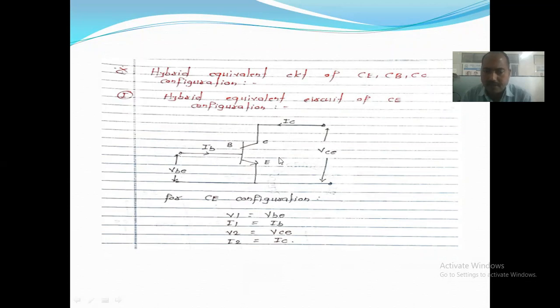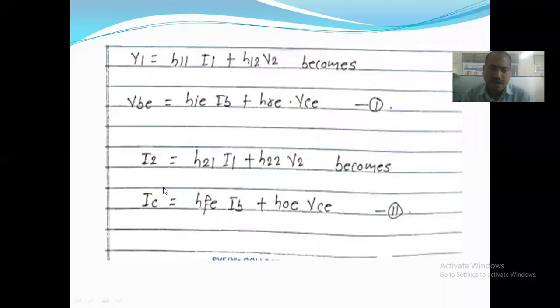IB is I1; tell me which is the I2. Another hint: output current. IB is the input current. Now tell me. Right, IC is the output current.